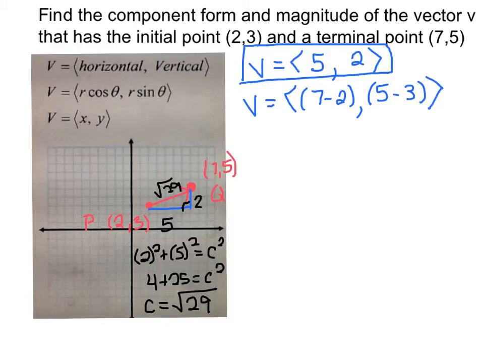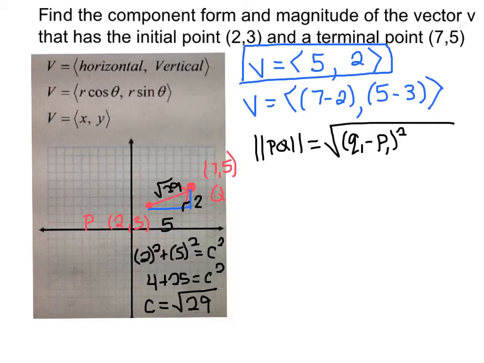Mathematically, the way we write magnitude is PQ with the double lines here, and it is the distance formula as well, which is the square root of Q1 minus P1 quantity squared added together with Q2 minus P2 quantity squared.